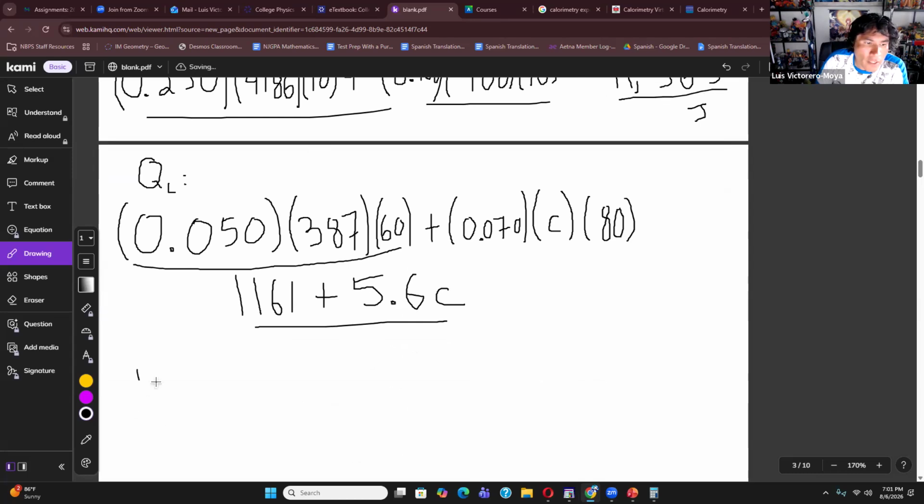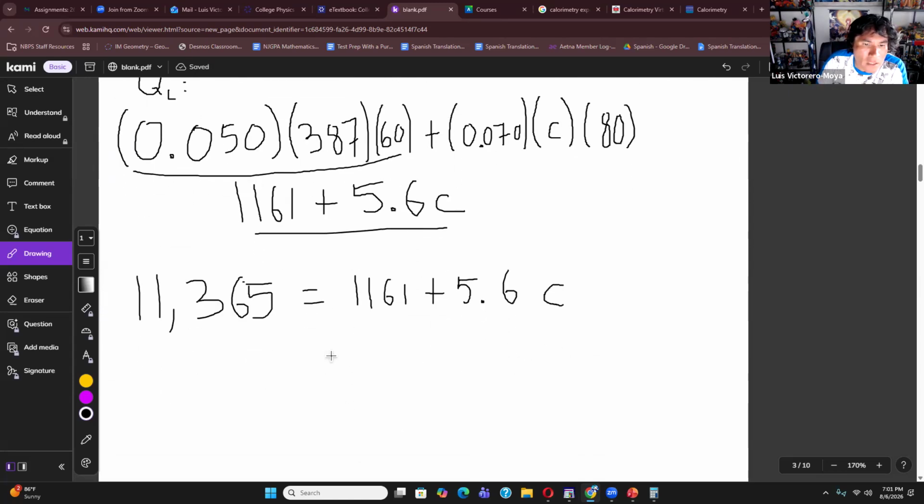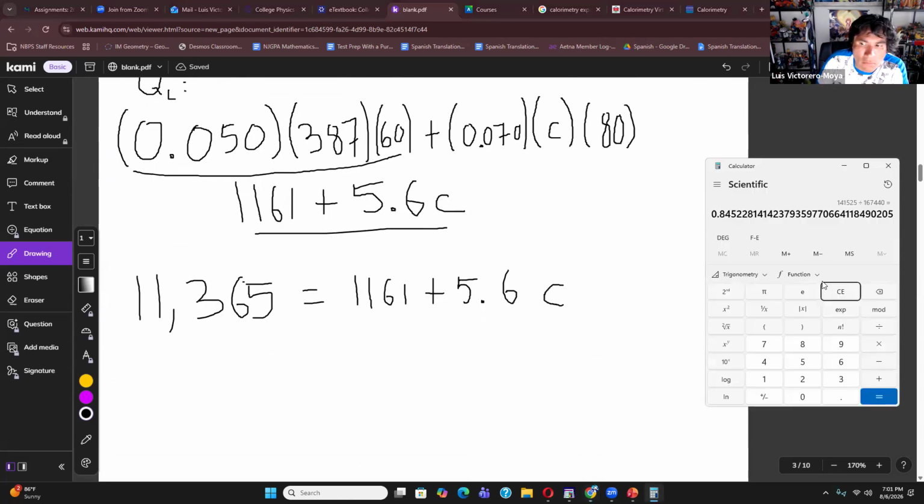So then we do 11,365 equals 1,161 plus 5.6, the unknown element. So this 365 minus 1161 divided by 5.6. Ooh, it's a lot.